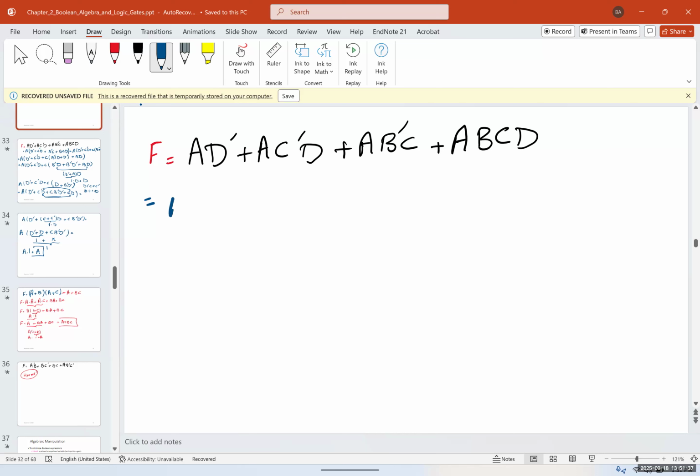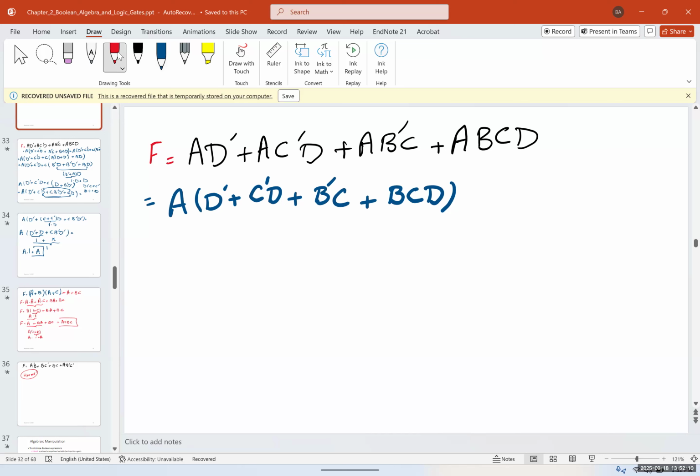So A is common between all these terms. So I can write it like this: A(D prime plus C), plus C prime D plus B prime C plus B C D. Am I correct?